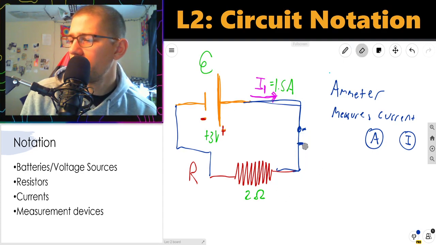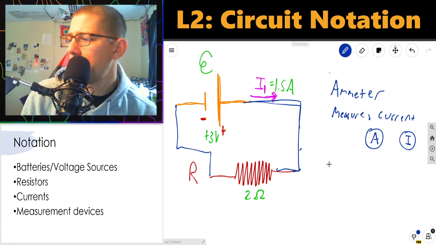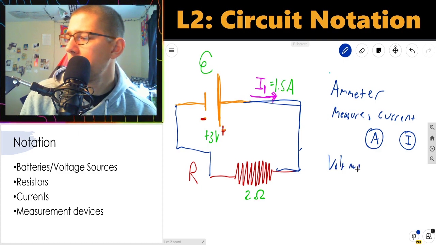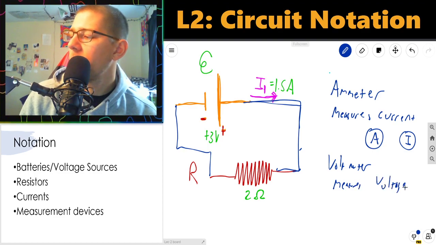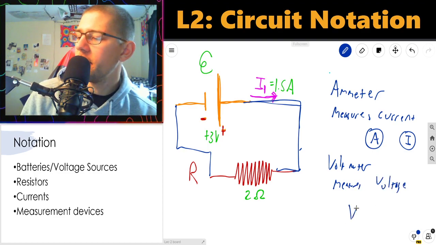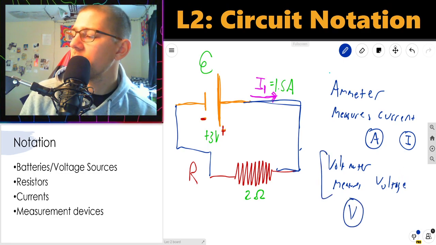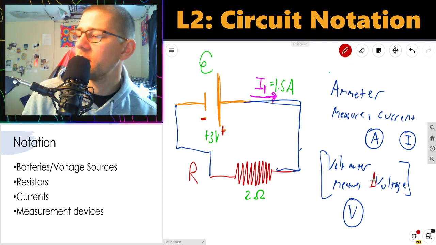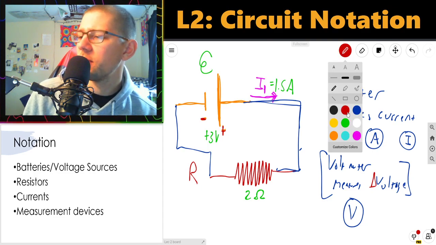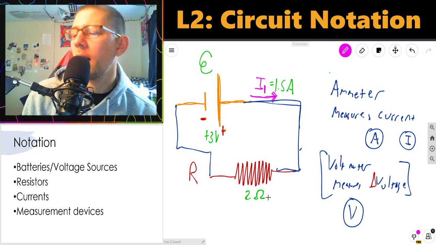By contrast, a voltmeter, which measures voltage, is usually denoted by a V with a little circle around it. When a voltmeter measures voltage, I should probably be more explicit and say it measures a change in voltage. It measures a difference in voltage between 2 points. For example, I might connect a voltmeter across this resistor.